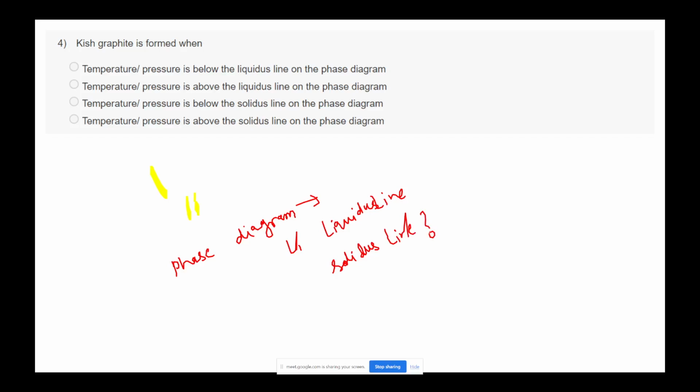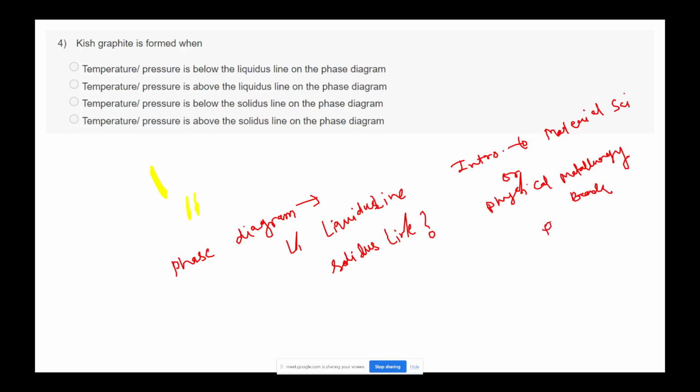Okay, so if not, then you can watch the last lecture, or you can use any physical metallurgy book or any introduction to material science book.